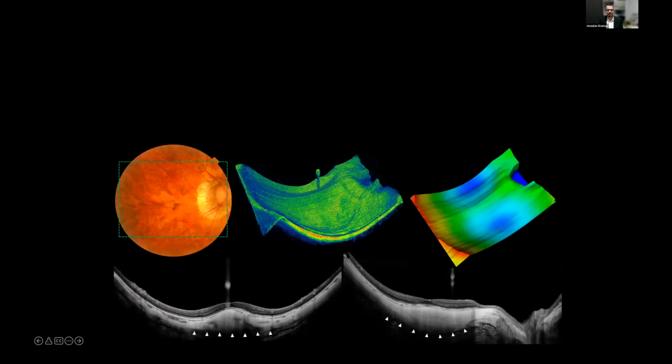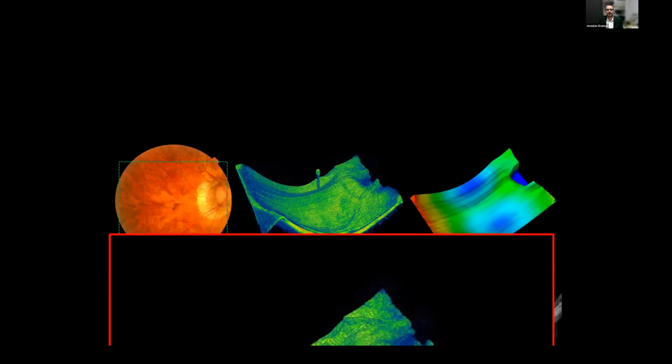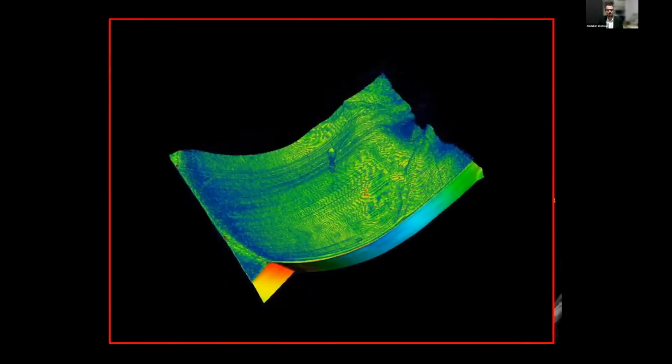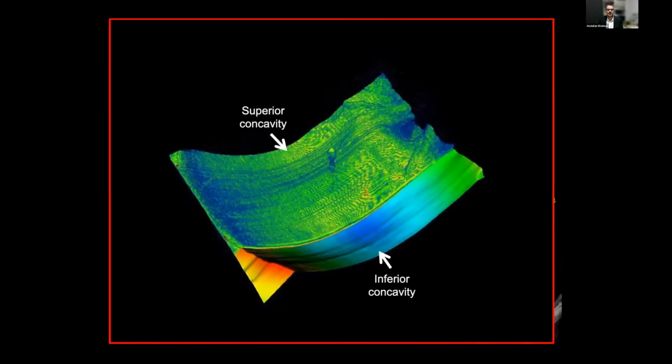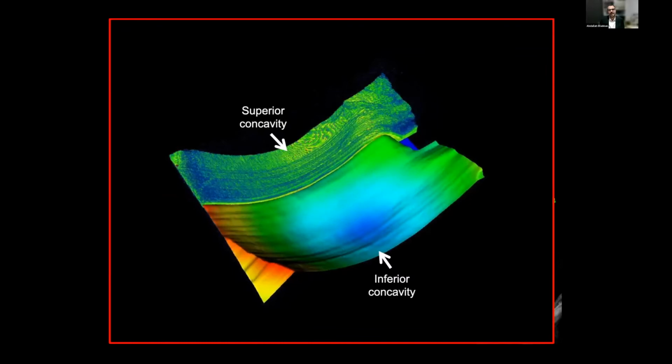And interestingly, with the 3D OCT, the configuration is slightly more complex than what we thought. So these patients tend to have 2 concavities, and there is something like a ridge between them.